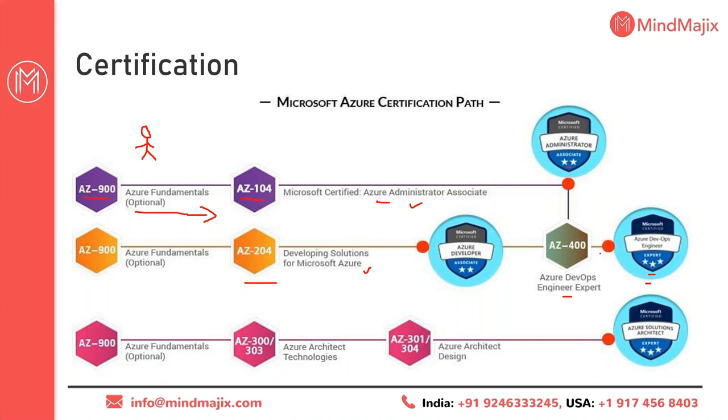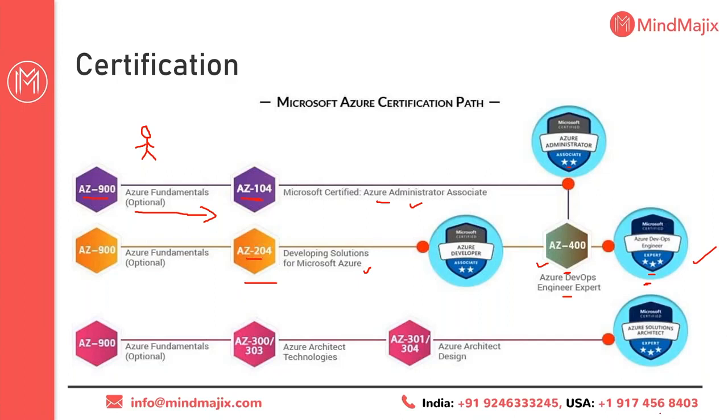Once you clear one of these, only then will you receive this expert-level badge after clearing AZ-400, your DevOps Engineer paper. You can go and give the Azure DevOps Engineer exam directly, that's no problem, but you will only receive the AZ-400 clearance badge. To receive the expert badge, you have to clear either AZ-104 or AZ-204.